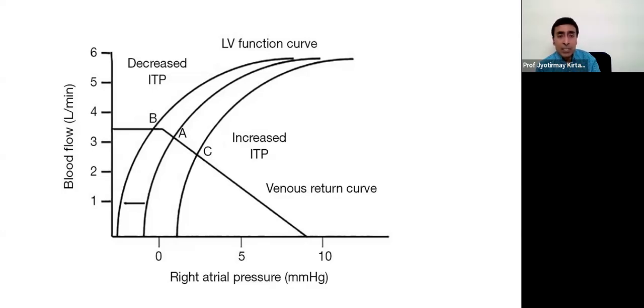It's not a parallel curve. It is not parallel shifting. So it starts to drop much earlier. If you have increased intrathoracic pressure, this Frank-Starling relationship becomes modulated by the intrathoracic pressure. So you have a lesser increase of the cardiac output, even with the volume loading.